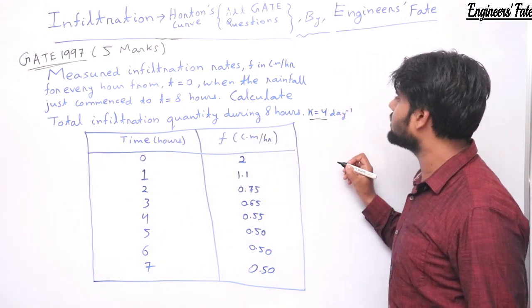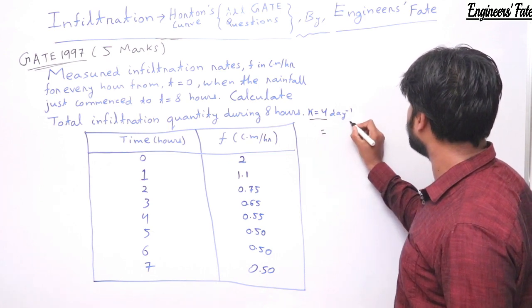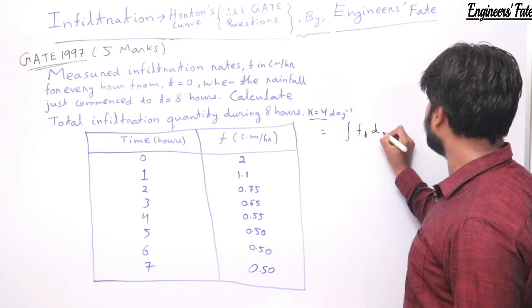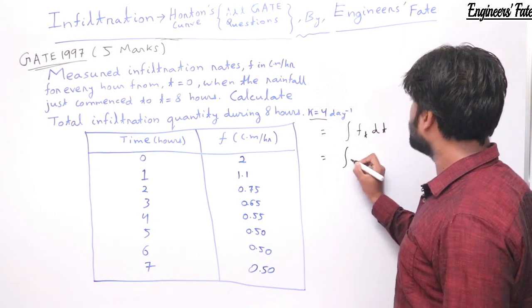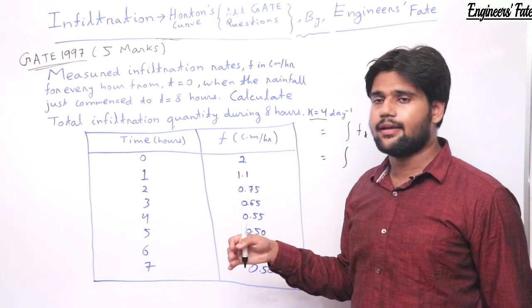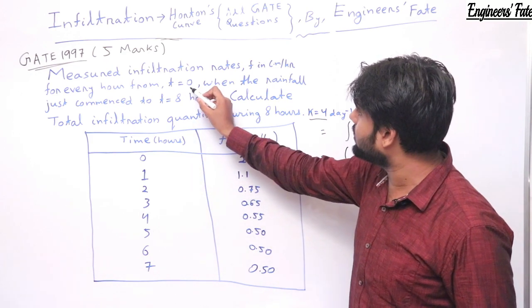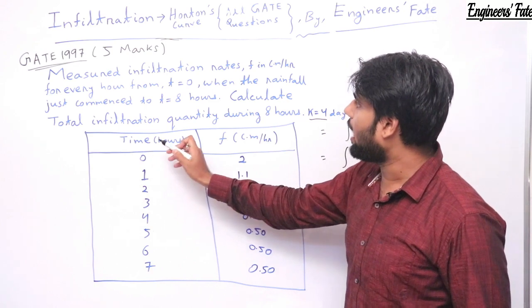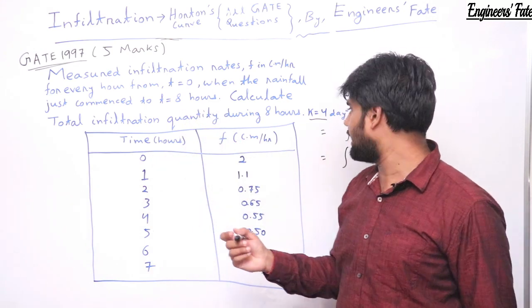The total infiltration, we know, will be the integration of f(t) dt. He has asked from 0 to 8, meaning the rain started at 0 and ended in 8 hours.